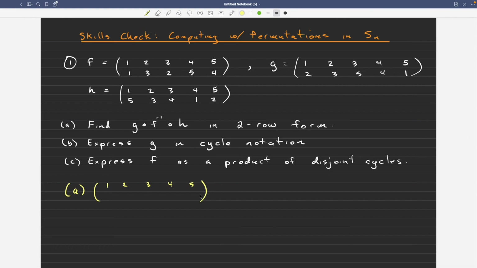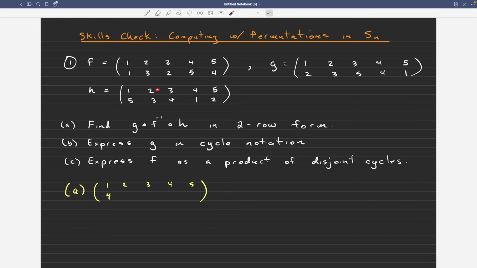And then I'm just going to start with H and track where 1 goes. So in H, 1 goes to 5, right? Then I got to take 5 and put it into F inverse. So that just means to read F inverse backwards from bottom to top. So I put 5 into F inverse and it goes to 4. And then 4 in turn goes to 4 in G. So 1 ended up mapping to 4 like that.